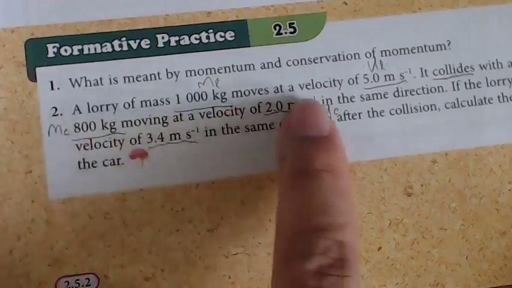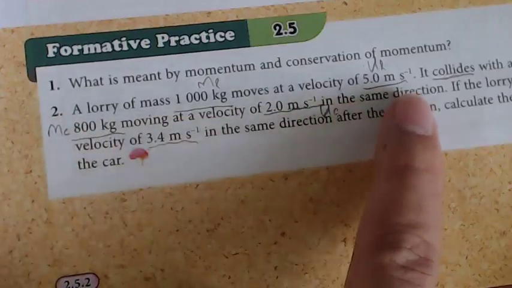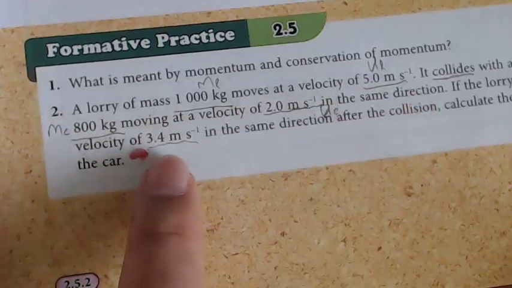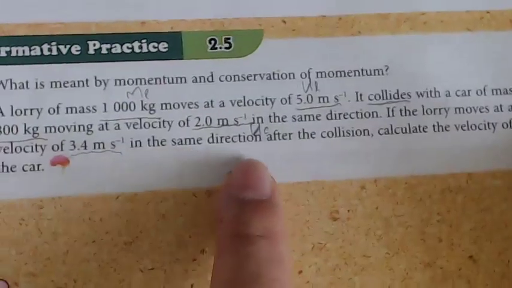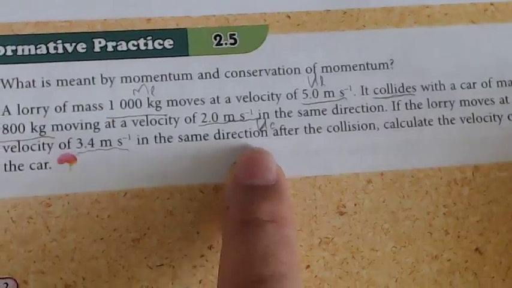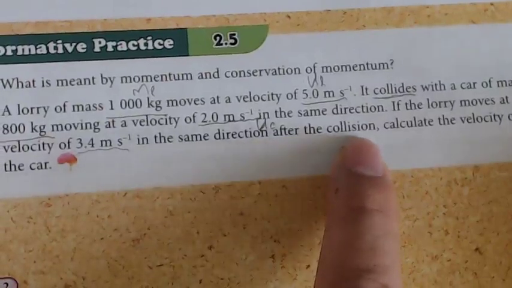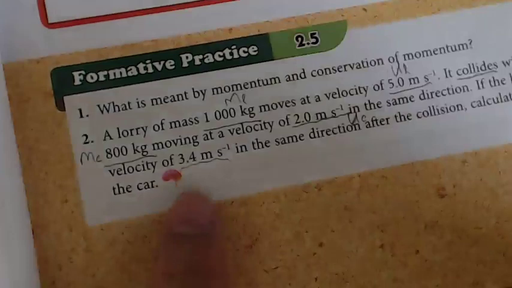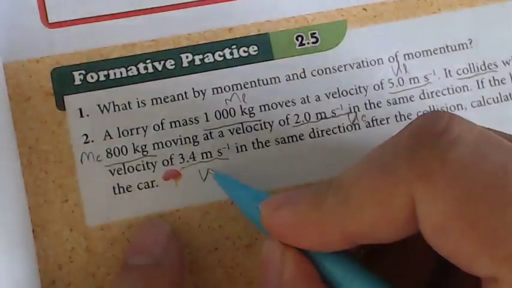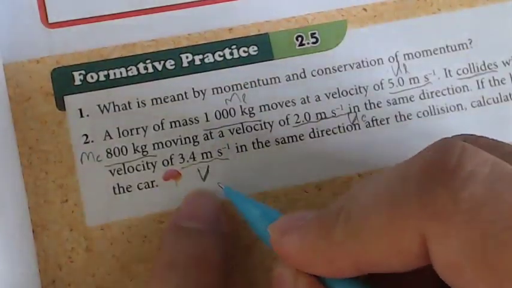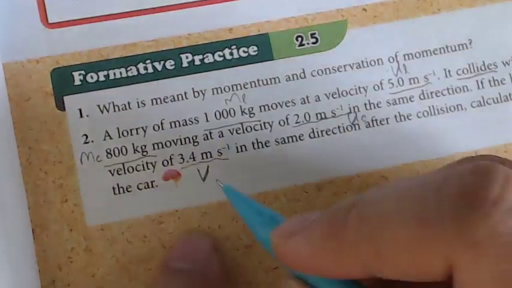If the lorry moves at a velocity in the same direction after the collision. After this, we refer to the velocity of the lorry after, so we use v instead of u.